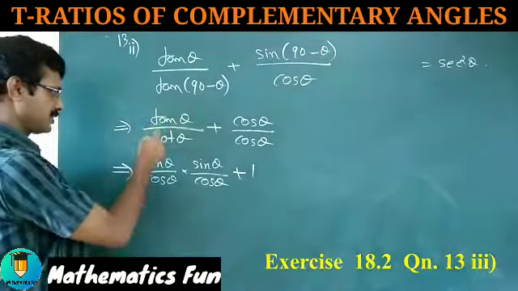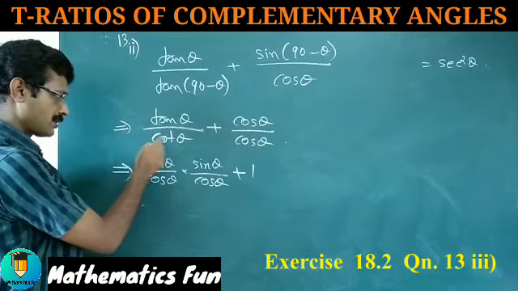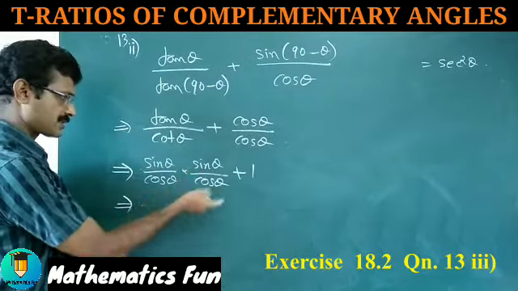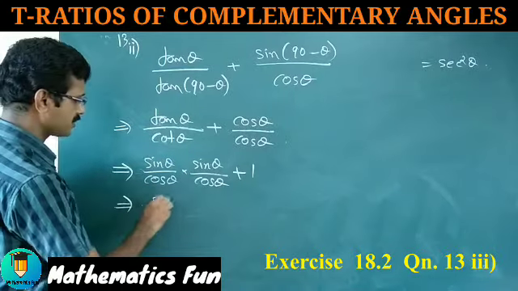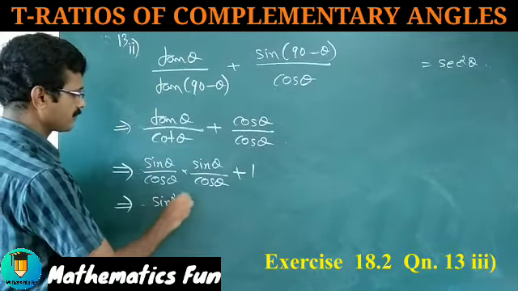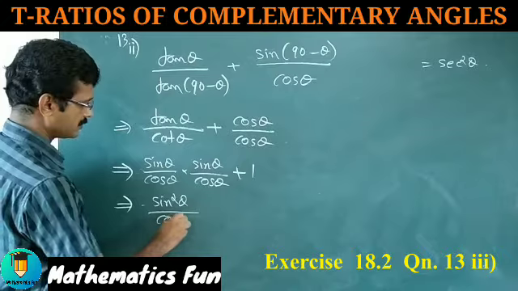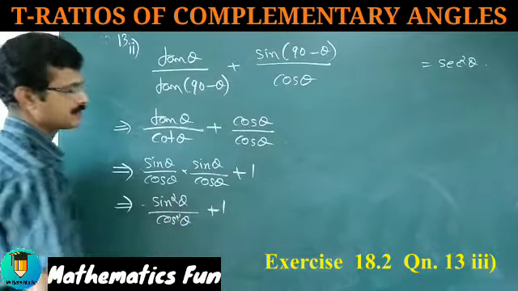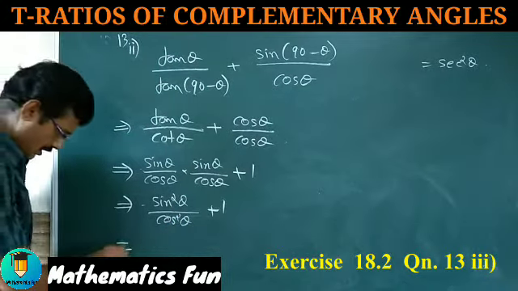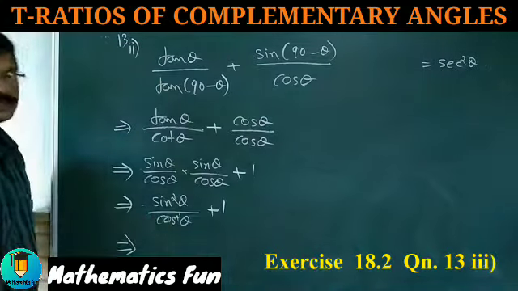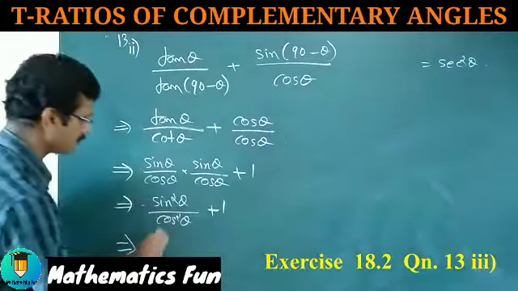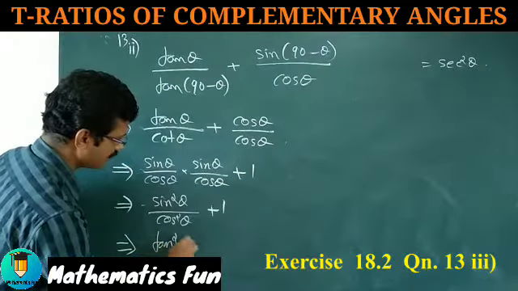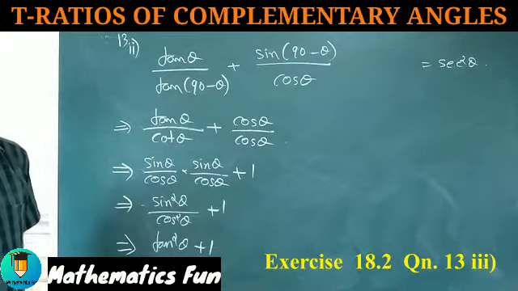Tan is sine by cos, cot is cos by sine, its reciprocal is sine by cos. So the numerator comes to sine square theta by cos square theta plus 1. We know sine by cos is tan, so it is squared, and ultimately it will be tan square theta plus 1.